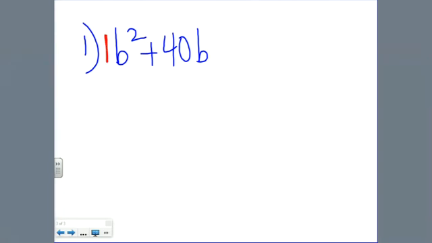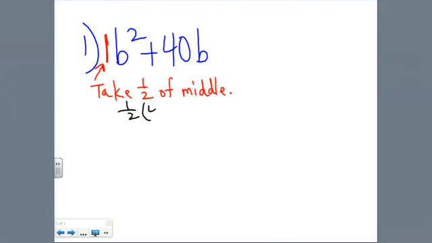Our leading number in front of the b squared is a positive 1, so we don't have to do anything extra. The first step is take half of your middle term. So half of 40 is 20.